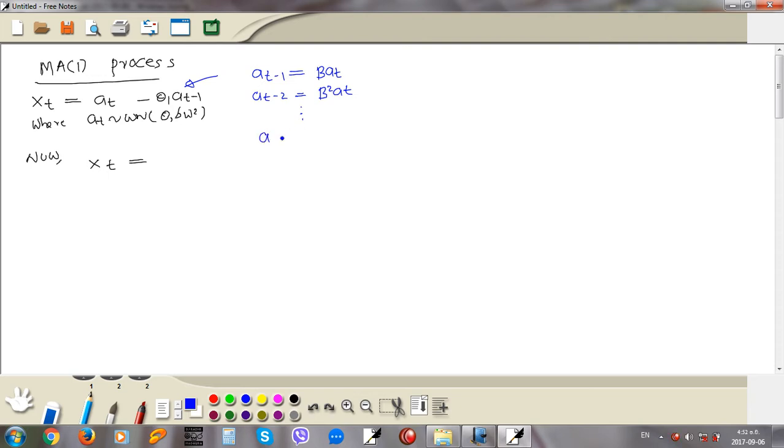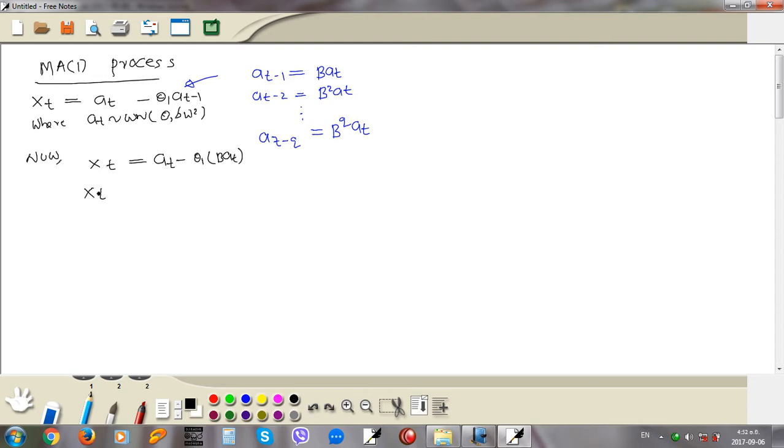Likewise a_{t-q} we can write as B^q times a_t. By using that relation, we can write x_t equals a_t minus theta_1, and instead of a_{t-1} we write B times a_t.